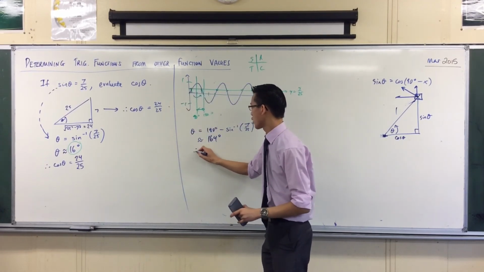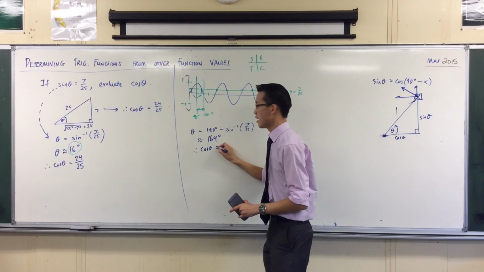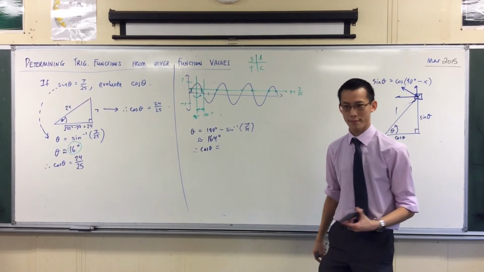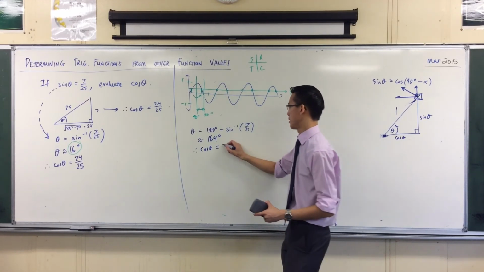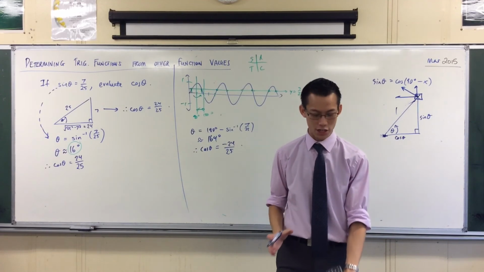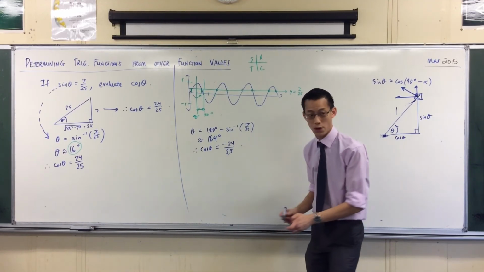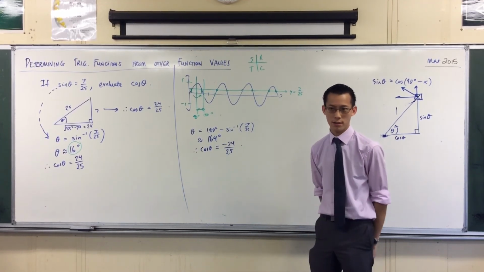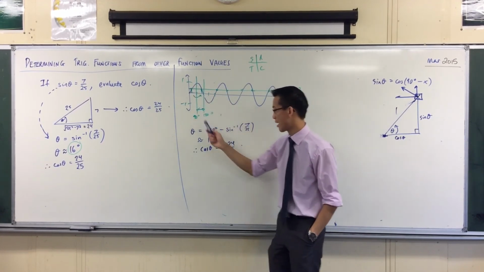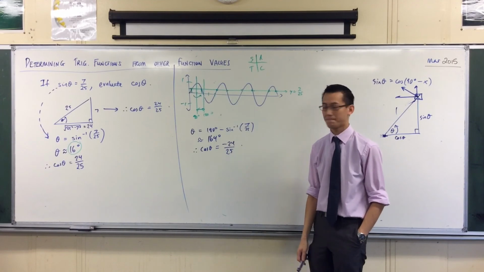Therefore, cos theta is equal to, and when you do cos of the answer, as we predicted, you get the same magnitude. It's still 24 on 25, but you get a minus sign, because in the second quadrant, when theta is obtuse, cosine takes on a different sign.